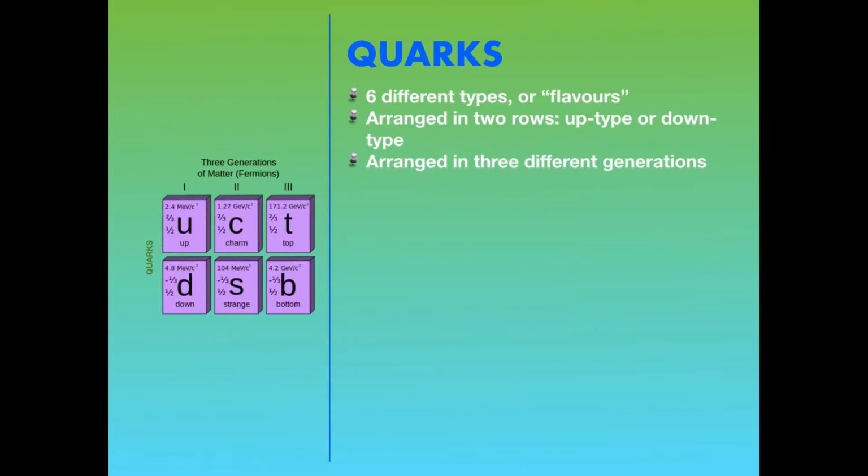The up, charm, and top quarks are up type quarks, and the down, strange, and bottom quarks are down type quarks. And they can also be arranged in 3 different generations. The first generation consists of the up and the down quark, the second generation, the charm and the strange quark, and the third generation, the top and the bottom quark.